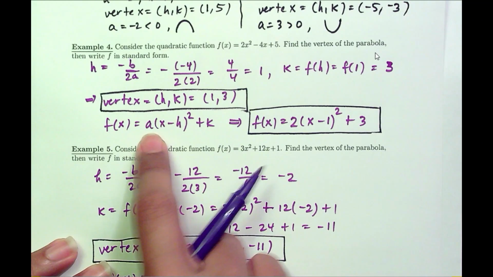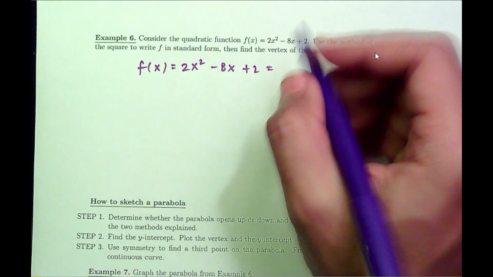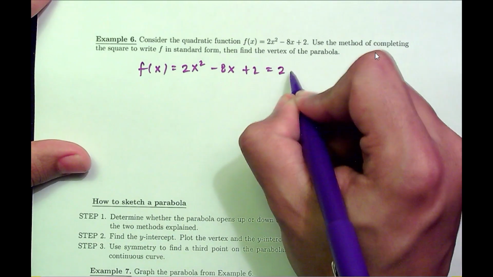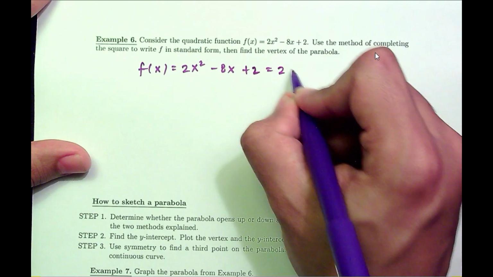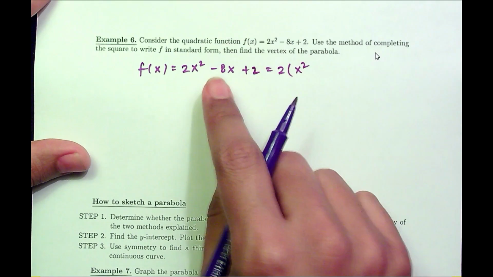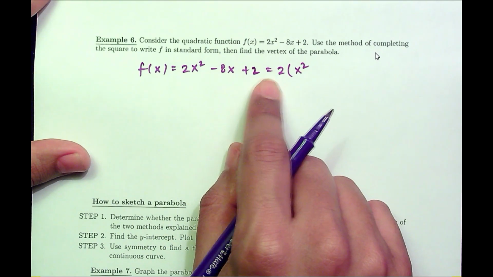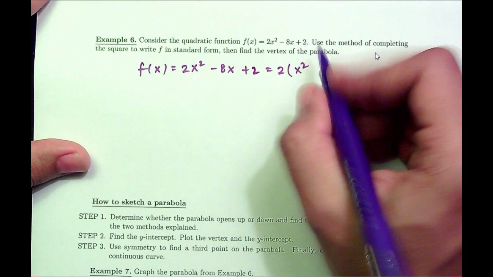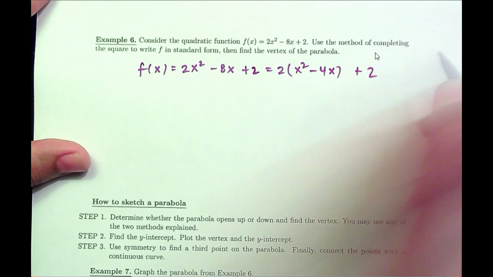So you have to factor it out. I'm going to pull out the 2 from the first 2 terms only, so ignore the third one. From the first 2, you get x squared minus 4x.